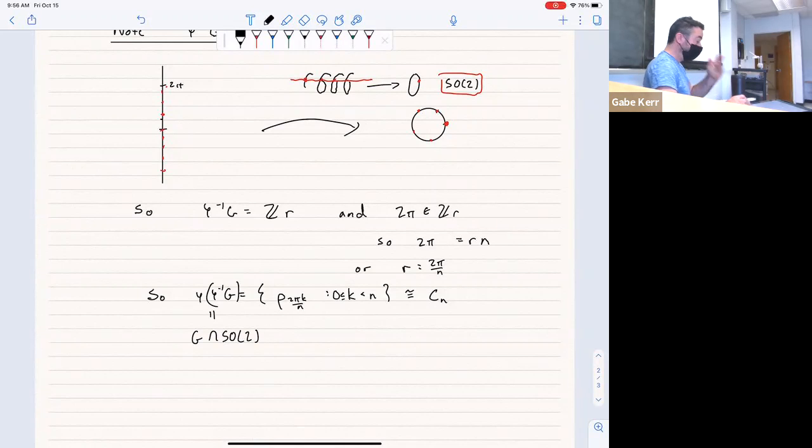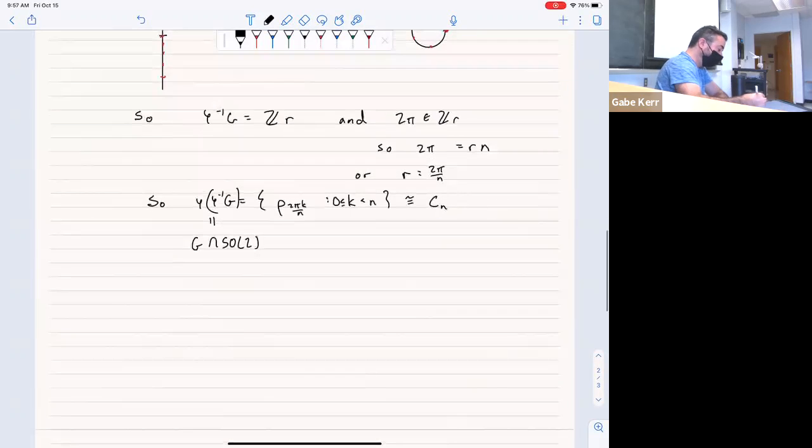So what we've shown so far is that if G consists only of orientation preserving isometries, or rotations, then it's cyclic. So now let's suppose G contains a reflection.